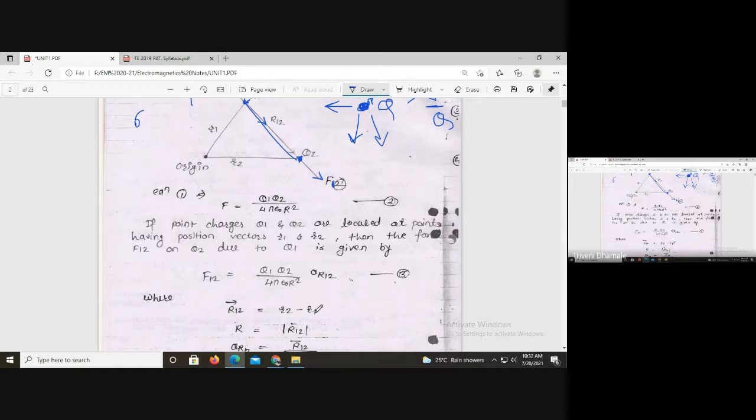This R2 is nothing but the coordinates of the point where Q2 is placed in any coordinate system, and this R1 means coordinates of Q1. Okay, R2 final minus R1 initial, R2 minus R1. And for the scalar quantity, how to find it? That is the magnitude of that R12 bar.